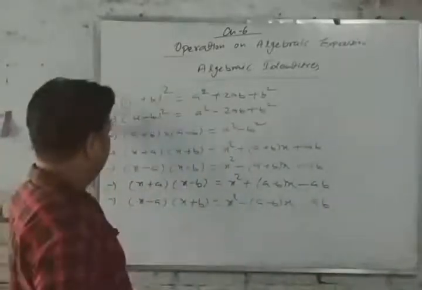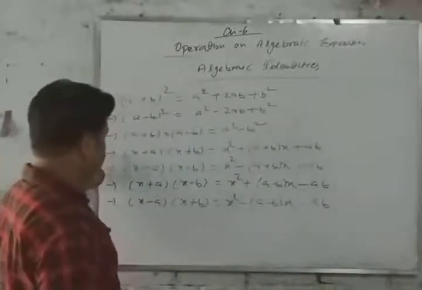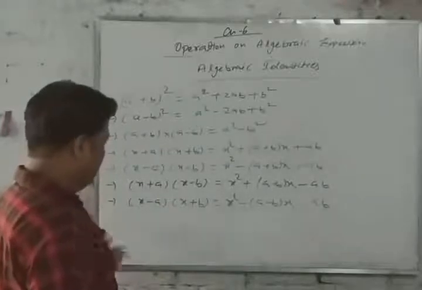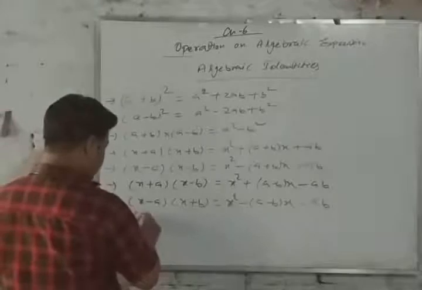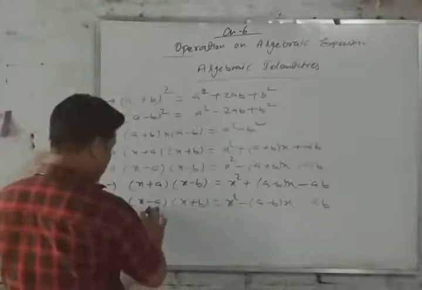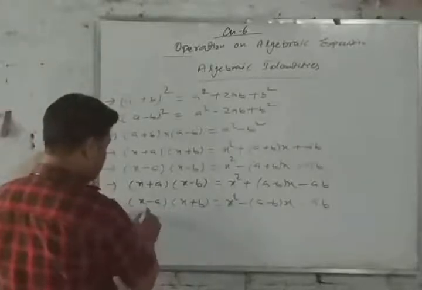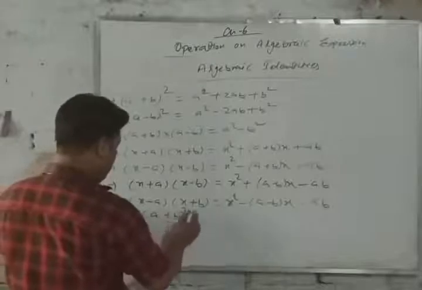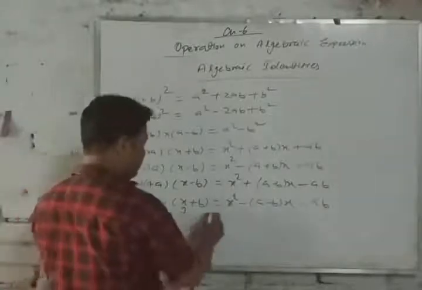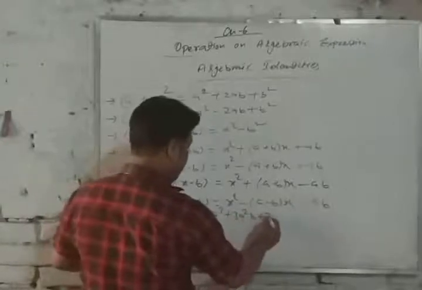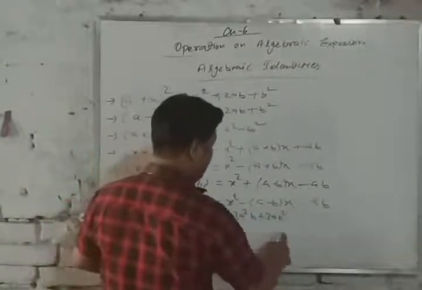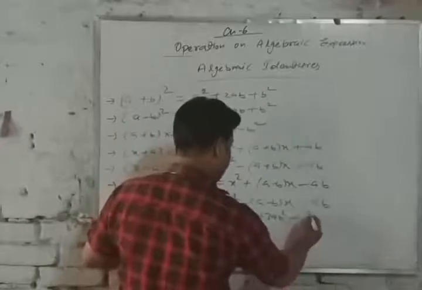Three identities in the first video, 4 identities in the previous video, and now today's 4 identities. A plus B whole cube is equal to A cube plus 3A square B plus 3AB square plus B cube.